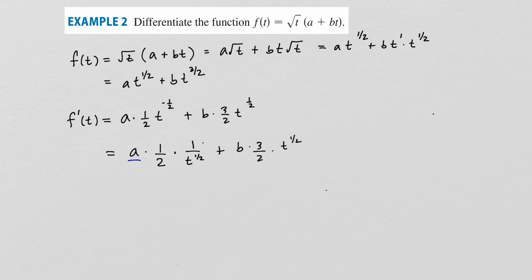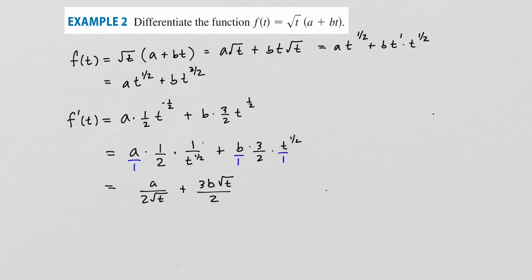And then we can make a fraction out of each one of these. If I combine these, I get a over 2 radical t. Keep in mind, I am rewriting this as the square root of t. Plus 3b radical t over 2. Again, I'm writing this as radical t.